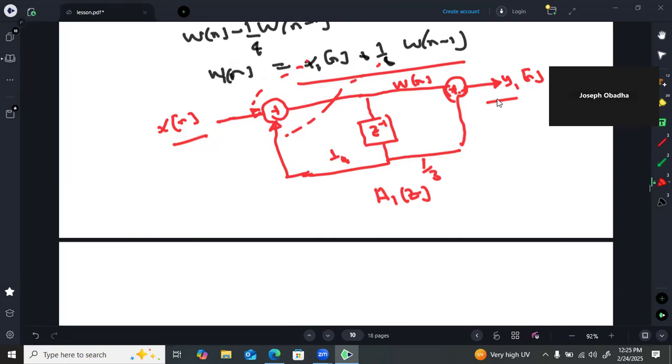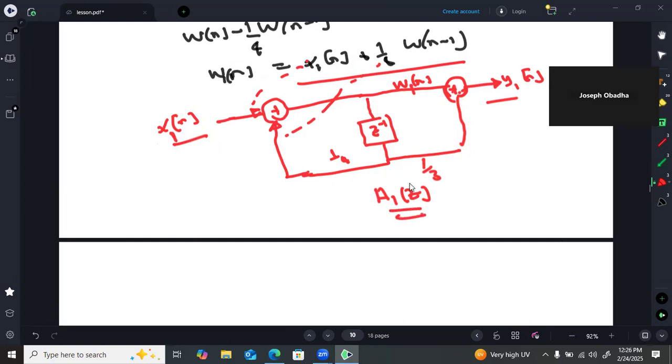Then now I need to have my, let me call this one X1, because now I have two systems. In one of them, the input is X1, the output is Y1, and maybe the intermediate variable is W1. We can all denote them by 1. So this gives me the implementation of H1(z).